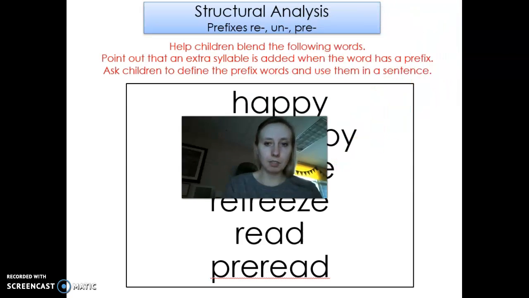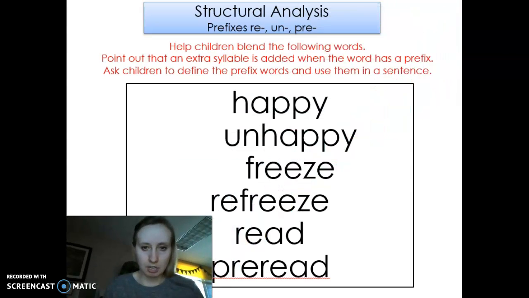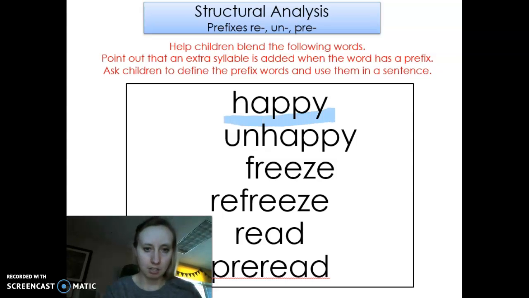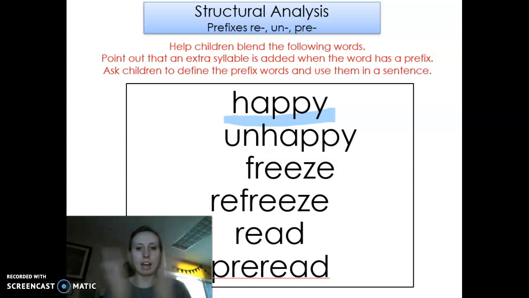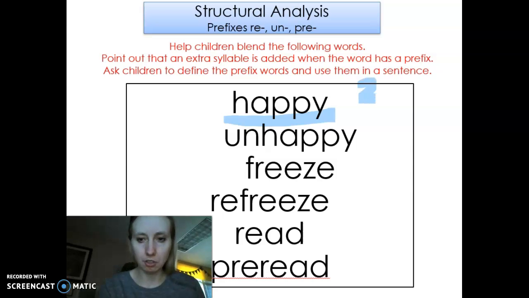Okay, so let's look at these words. And then we're going to see how the word changes as we add a prefix. So let's read this. Happy. So happy. That's 2 syllables. Now what prefix did I add? I added un, which means not.